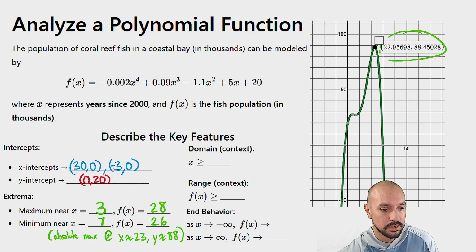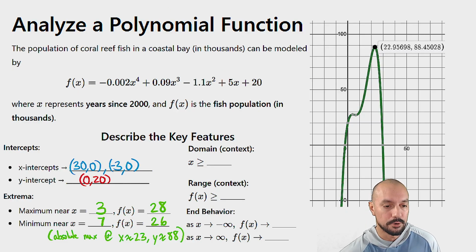Right. Next up, let's look at our domain and range. For polynomials, the domain is always going to be all real numbers. However, since this is a real-world model, I want to take time to think about this in terms of the real world. My domain probably won't make sense to be negative, especially if I don't have data that predates the year 2000. And I'm also not going to have data that's crossing into the future.